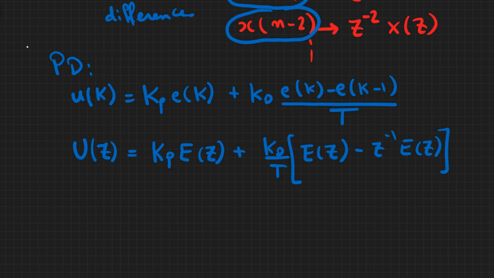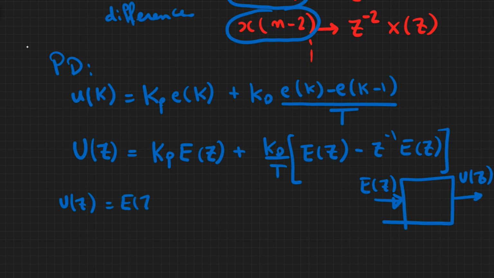So it's clear that now we can arrange our terms, because in our controller, from an LTI point of view, the input is e of z and the output is the control signal u of z. If we want to obtain u of z over e of z, we can do it with very simple algebra. We can just say that u of z is equal to e of z multiplied by kp plus kd over t, minus z inverse multiplied by kd over t.